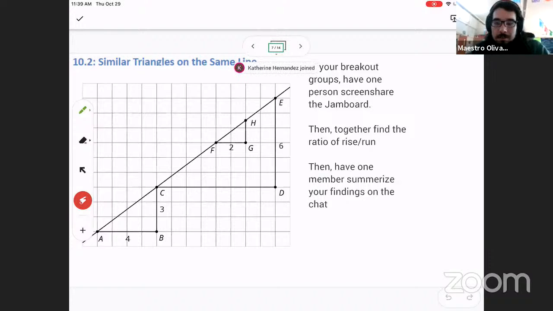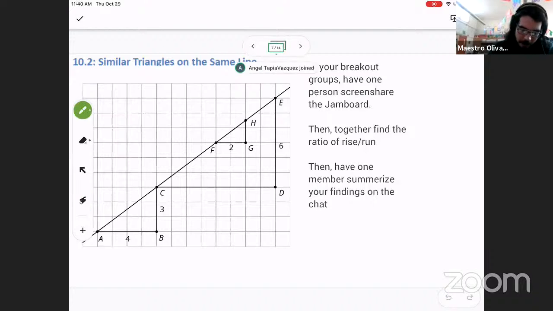Ashley, Diana, Emily, Kelvin, Surami, and Mario. All of you are going to be screen sharing for your group, okay? The rest of you in those groups, you're going to help your team find the slopes for these 3 triangles.